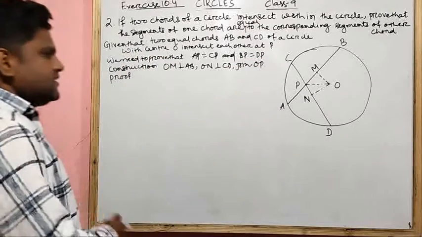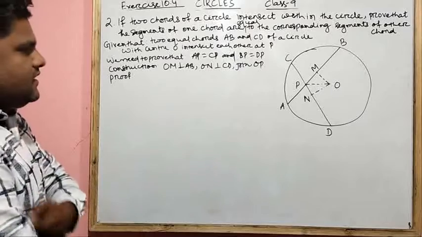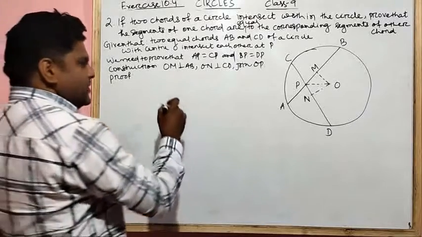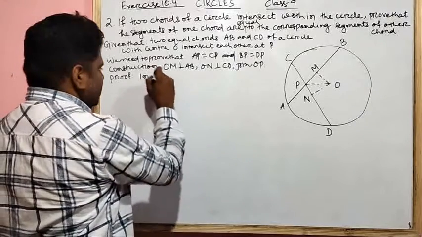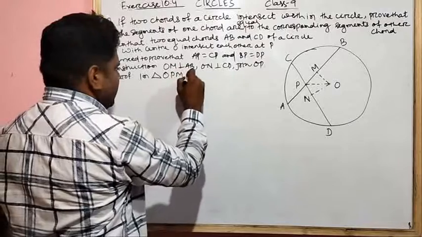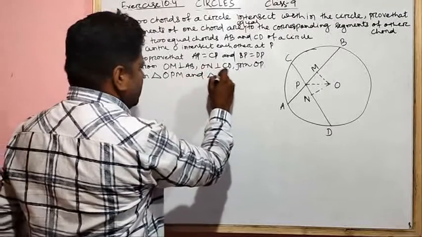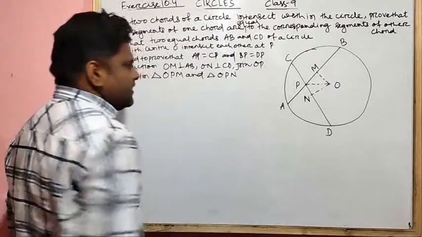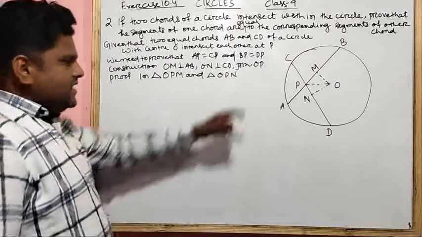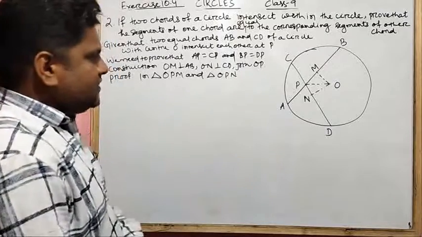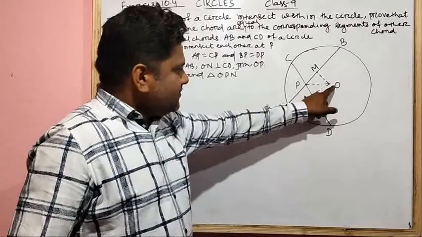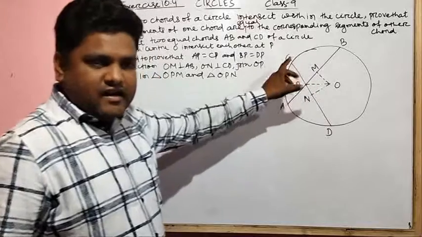Let's prove this. In triangle OPM and triangle OPN, what are equal? It is given that AB and CD are two equal chords, so distance from the center to equal chords are equal.